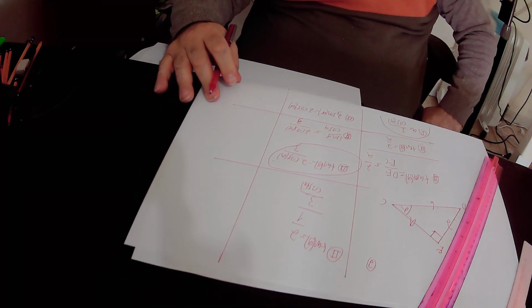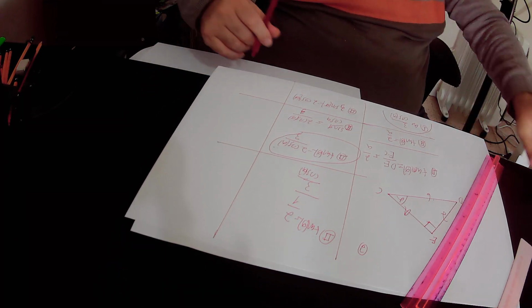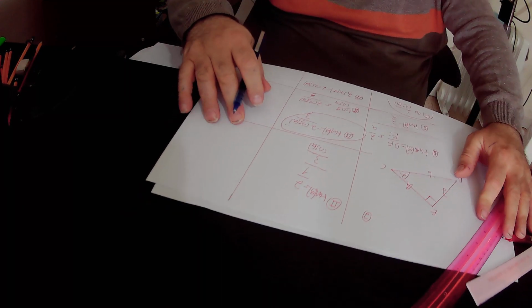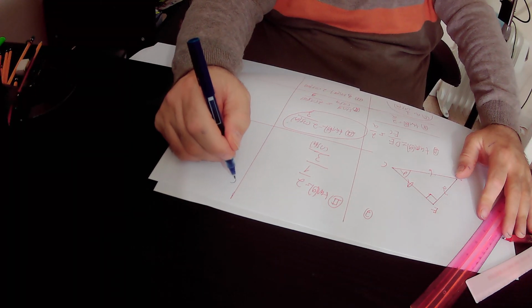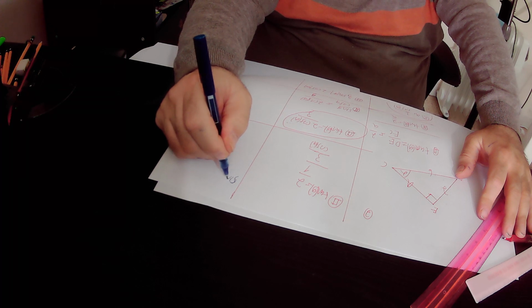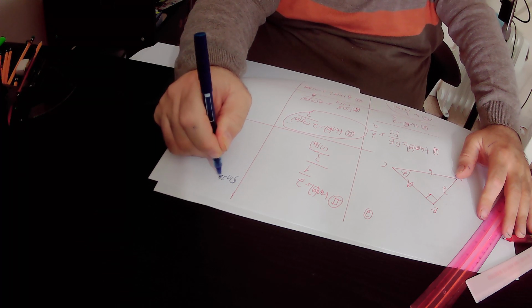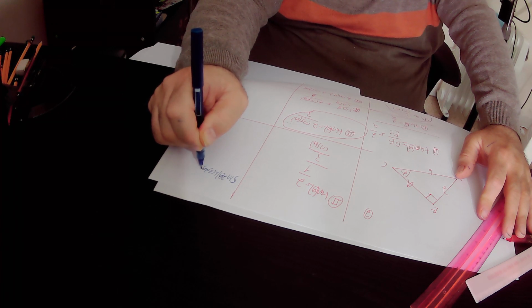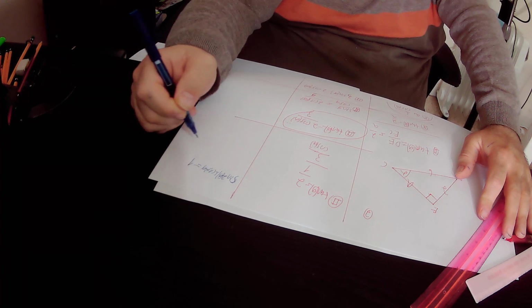Actually, we have the trigonometric identity that states that sine square alpha plus cosine square alpha equals 1.